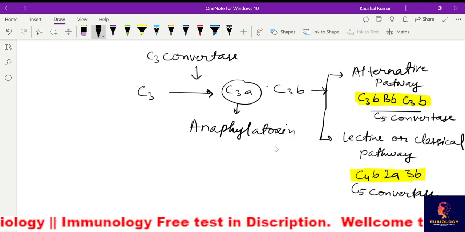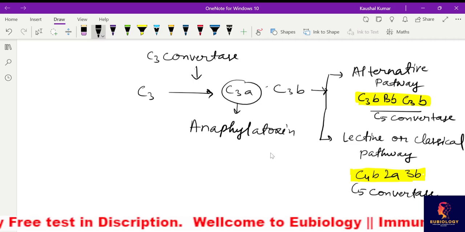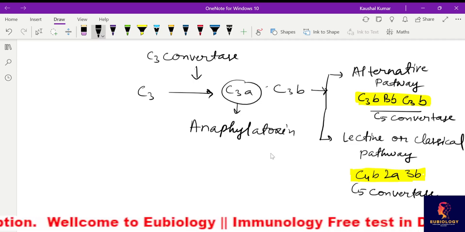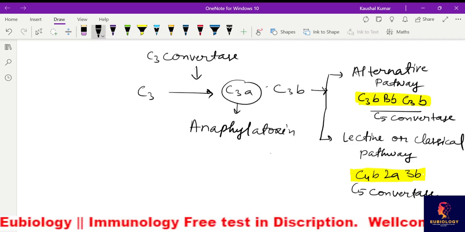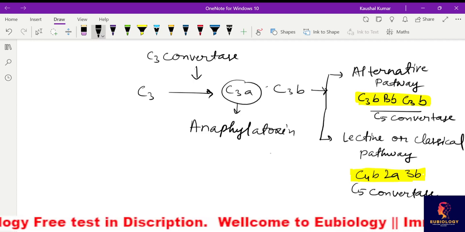Anaphylatoxin is like a response of our body when the complement system interacts with the pathogen or foreign particles.